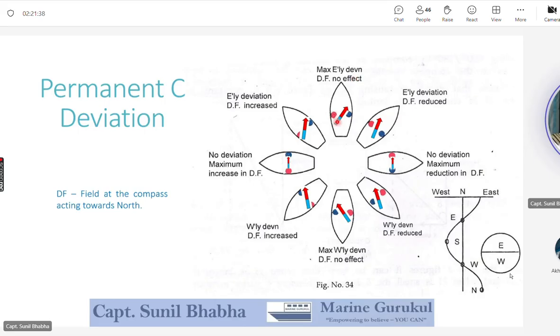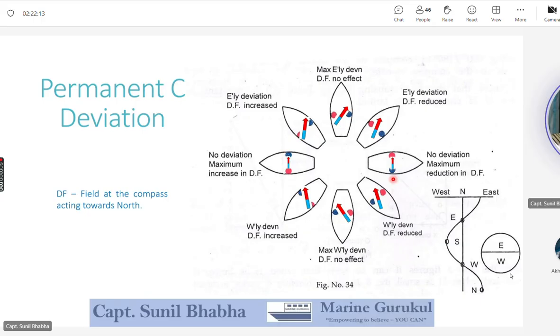Now let's take the ship on the easterly heading. Let us assume that the vessel is now heading 090. On the easterly heading, you see in this part of the diagram, the blue and red poles present on the sides of the ship, the blue pole on the starboard side and the red pole on the port side, are now exactly in line with the magnetic compass needle. The red pole is north of the compass needle and the blue pole is exactly south of the compass needle.